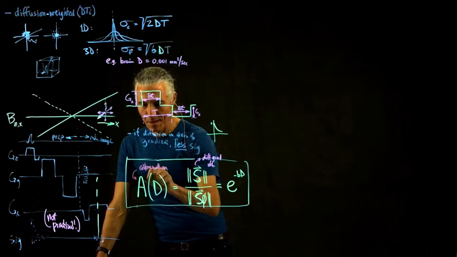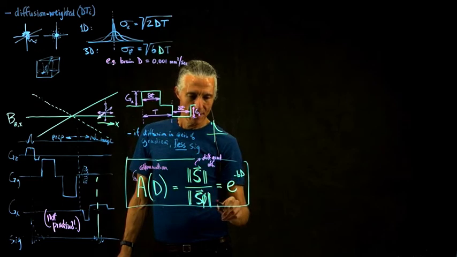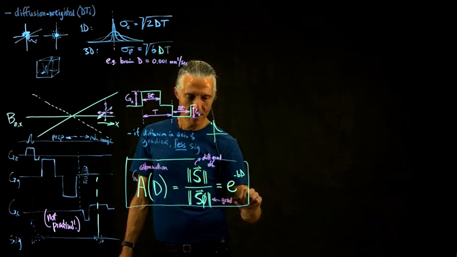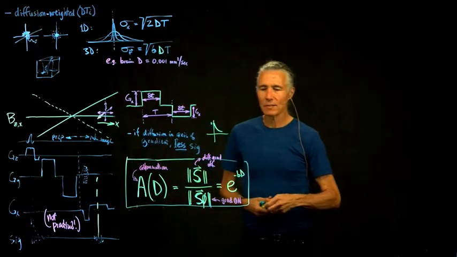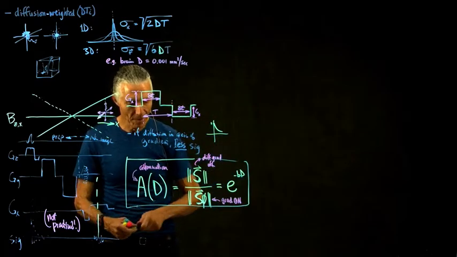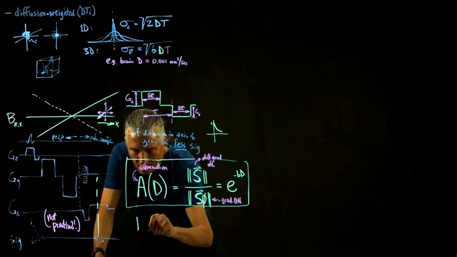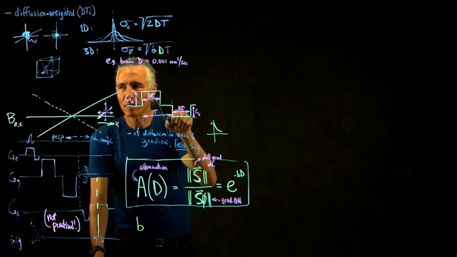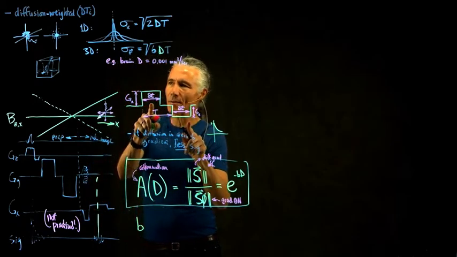And this guy is grad on. So there are various different ways of defining it, but one popular one just combines all these three things, because all three increase the diffusion weighting.